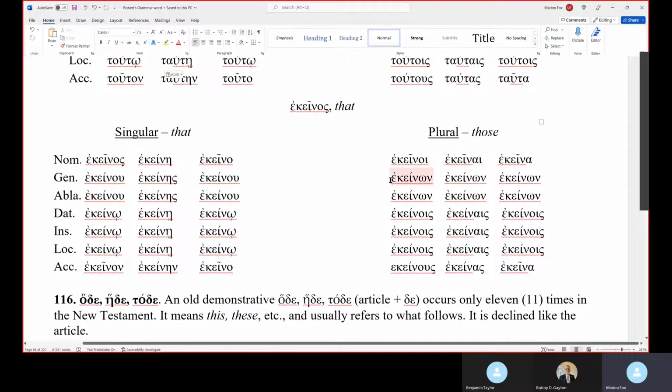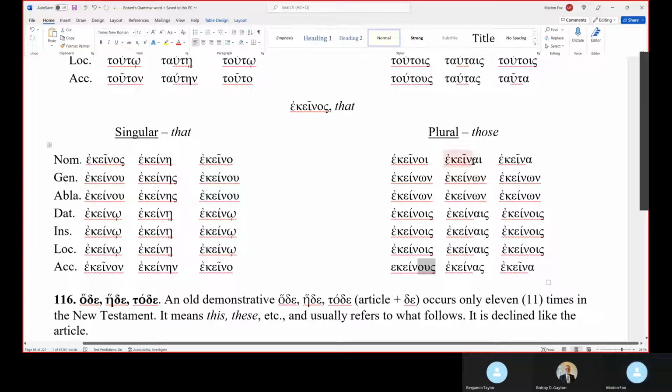Now, your genitive plural for all three genders is the same. Genitive ablative plural, that's pretty well universal. You'll have that same thing with your article. These are really adjectival pronouns is what they are. Ekeinōn, and ekeinois for dative instrumental locative, ekeinous, and the new ending that will fit with your article.